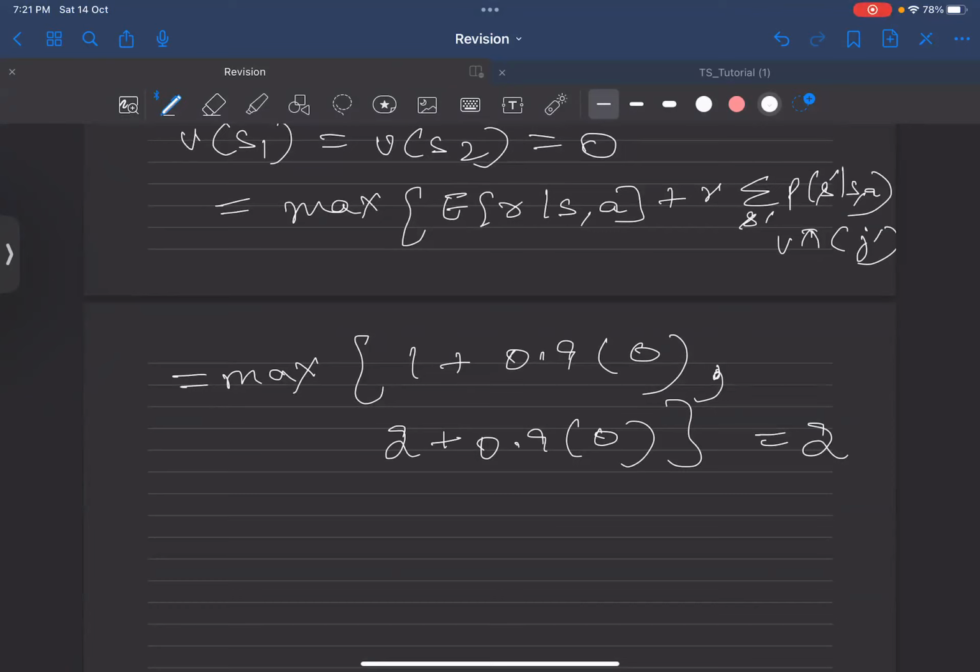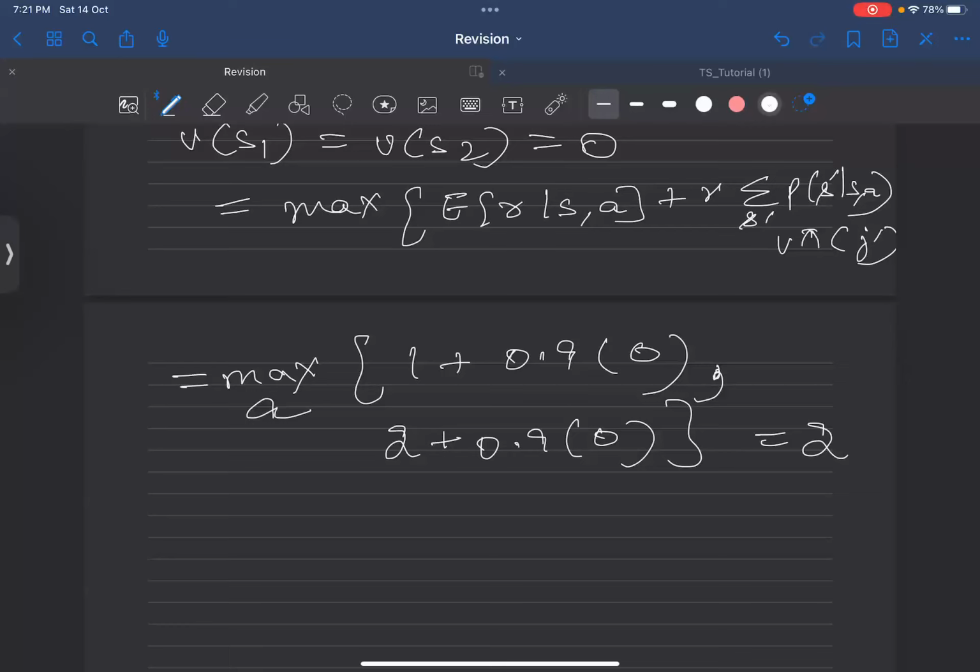Madam, just one confusion here. When you take a max, are we considering the optimum value? Basically, we don't know whether it's optimal or not till now. We are taking the max one here, because at this point it is giving me the best reward.